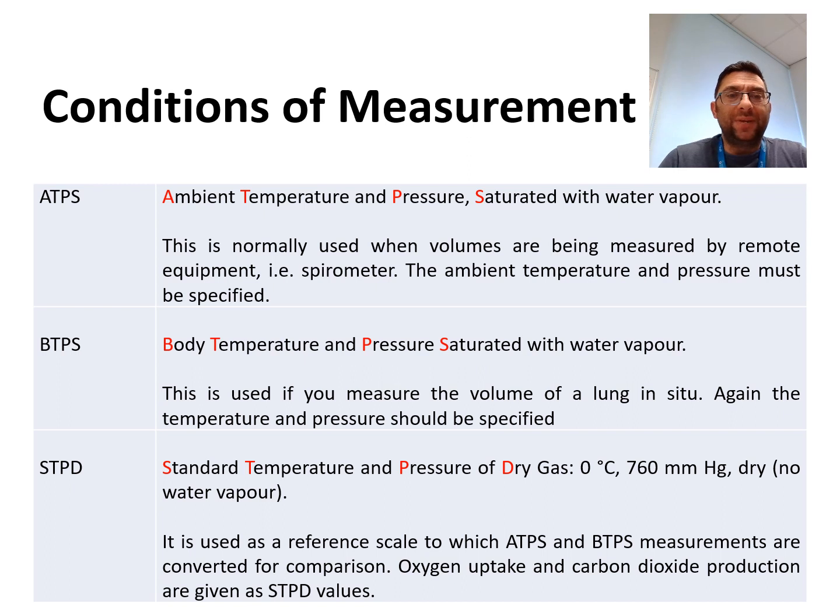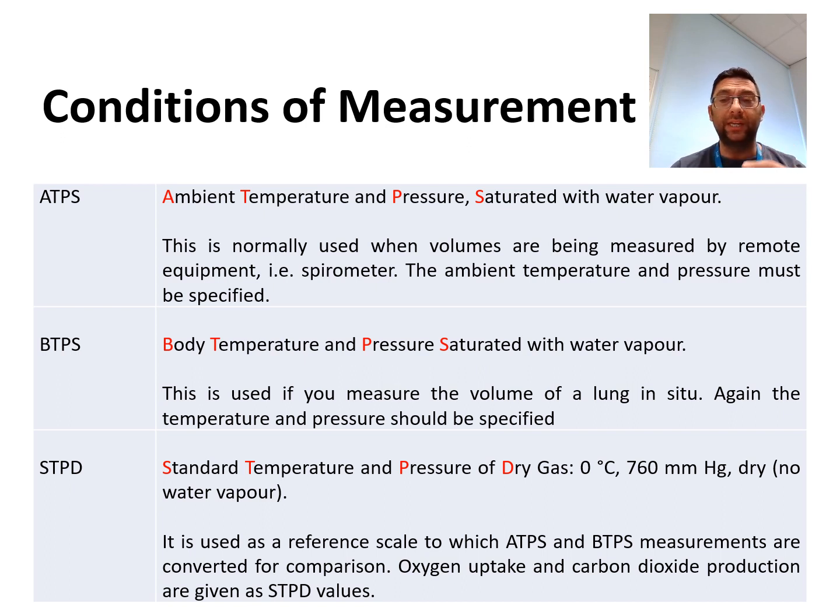The second one is BTPS, and that's body temperature and pressure saturated with water vapor. Okay, so any air that we take in or breathe out will have an element of water vapor in it. Okay, even in really cold weather. That's partly, and again, I'll come onto this a little bit more in the lectures in a few weeks' time.